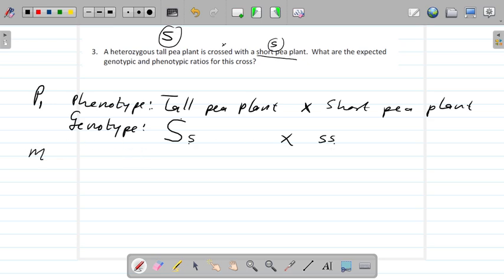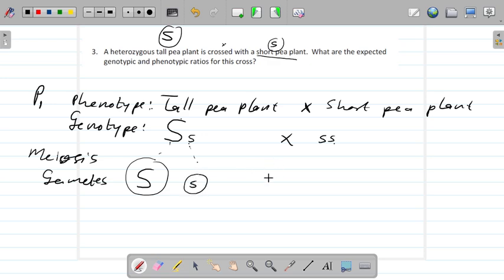And then likewise, meiosis, then a formation of the gametes: big S gamete, small s gamete, then small s and small s. You don't have to do these lines that I'm doing, as long as they are far apart from each other to differentiate.